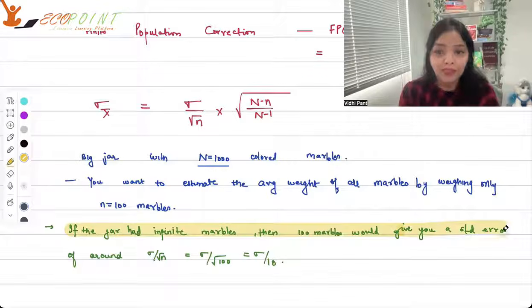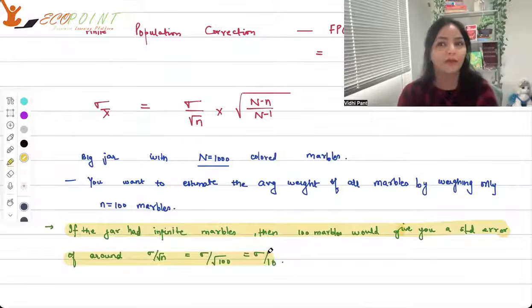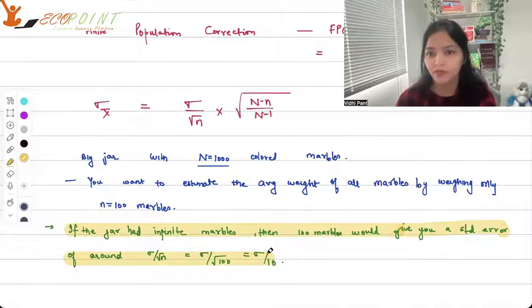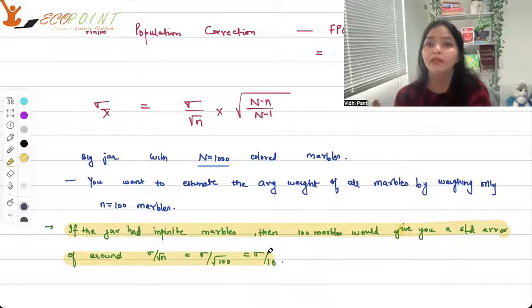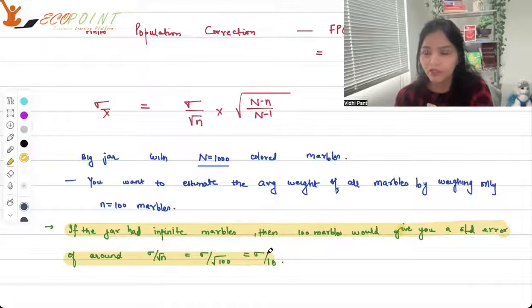Now imagine your jar has a limited number of marbles, only 1,000, a finite population, and you are taking out 100 marbles, and you will estimate the weight from that sample and try to figure out the weight of the entire population.